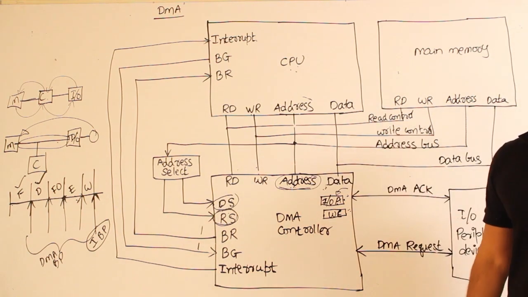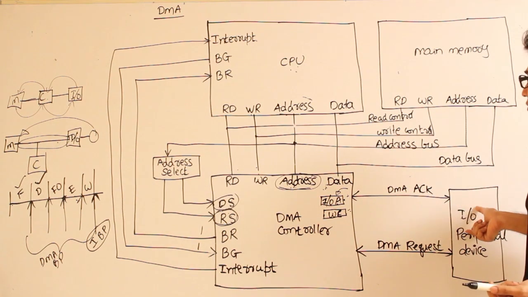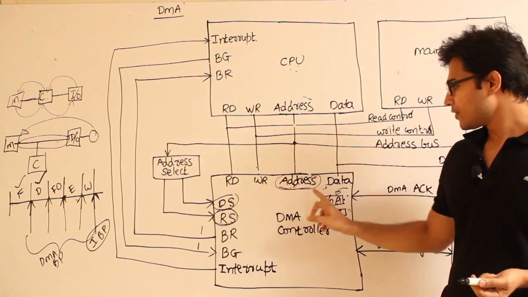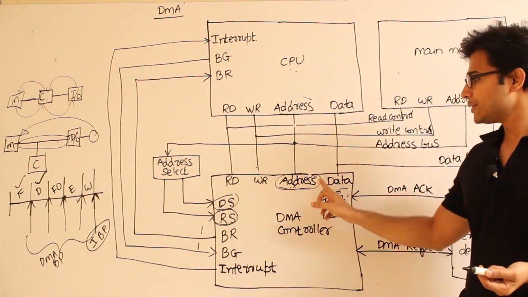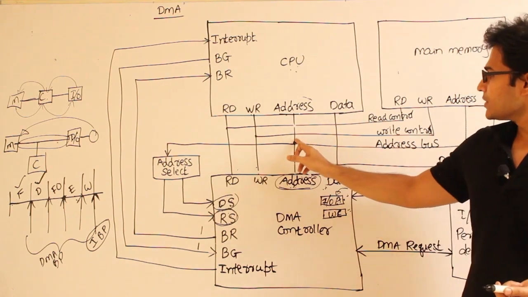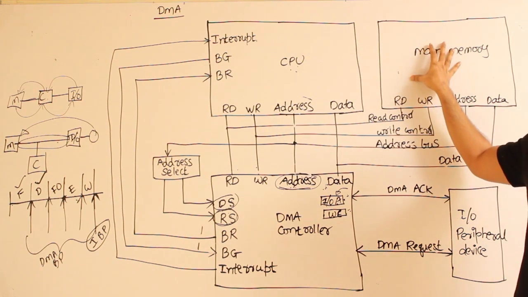Got it? Now when bus is given to the DMA, now DMA will put the address where it has to read or write the memory. Let us say we have to write some word from the IO device into the main memory. In that case, from this IO register, it will give this data to the address bus. Now that address bus will go and select that particular word in the main memory. Got it?